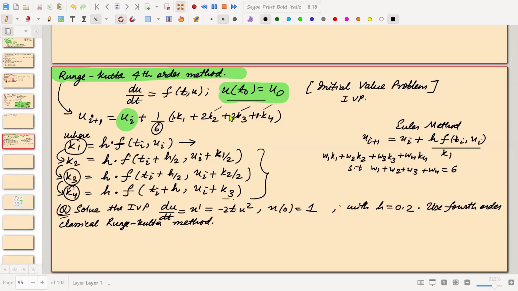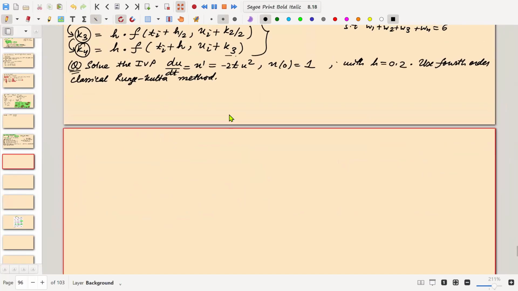Can we start? So what is your first task? For i equal to 0, suppose you already have t naught equal to 0 and u naught equal to 1.